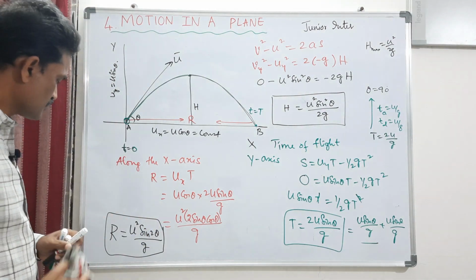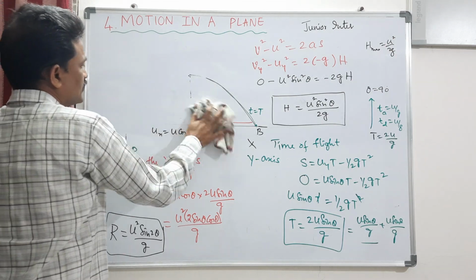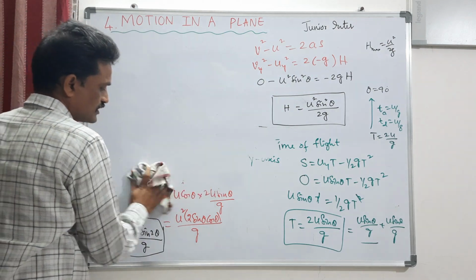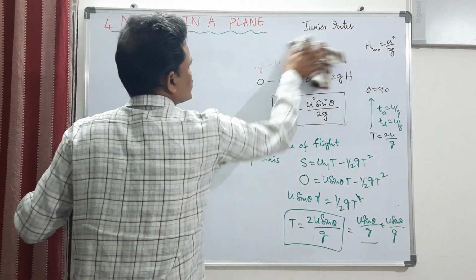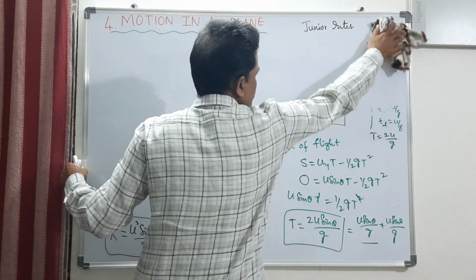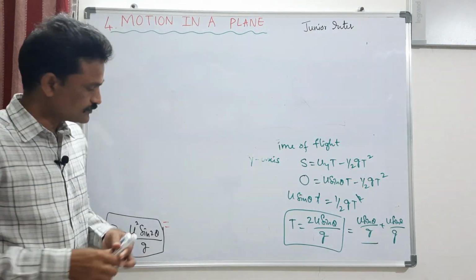Right. This is about range. We have to consider range further to discuss that for the same range, there are two possible angles of projection. I repeat, for same range, there are two angles of projection that we will prove now.